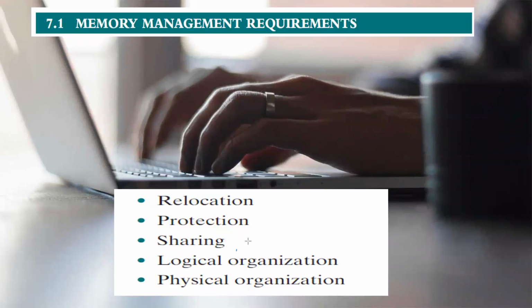Next will be the sharing. Any protection mechanism must have the flexibility to allow several processes to access the same portion of main memory. For example, if a number of processes are executing the same program, it is advantageous to allow each process to access the same copy of the program rather than have its own separate copy.